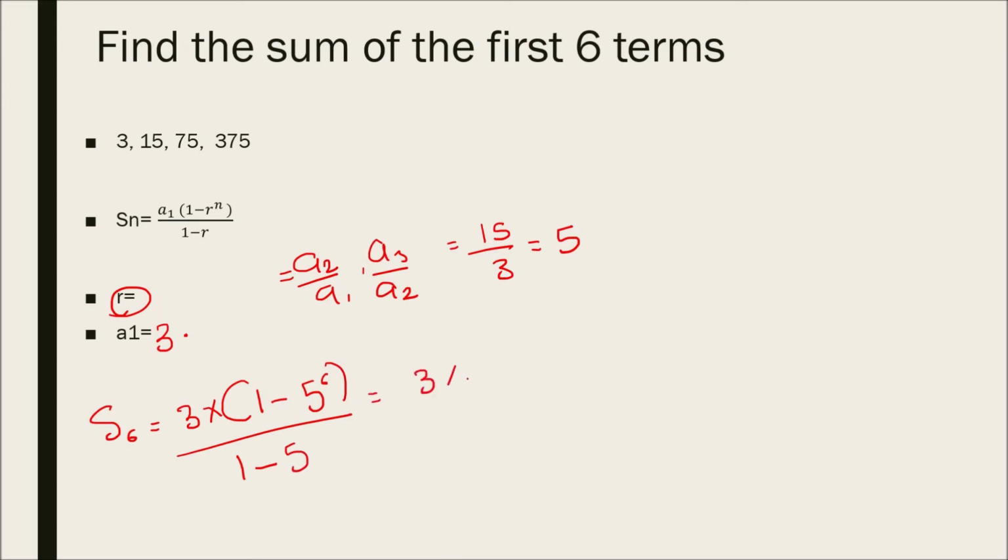Okay, 3 times, now what's 5 to the power 6? 5 to the power 6 should give me 15625. I had to use my calculator for that. 15625 over 1 minus 5, that's minus 4.